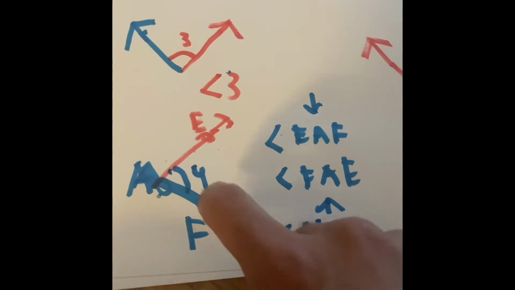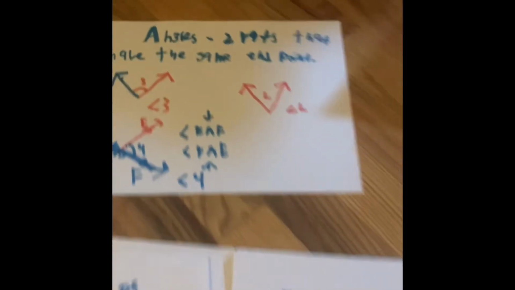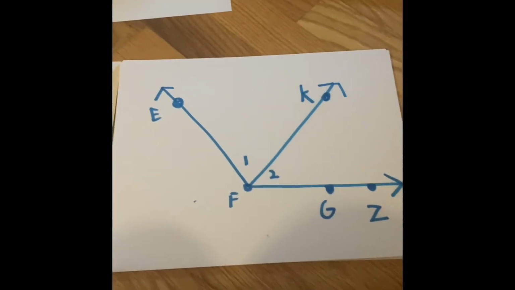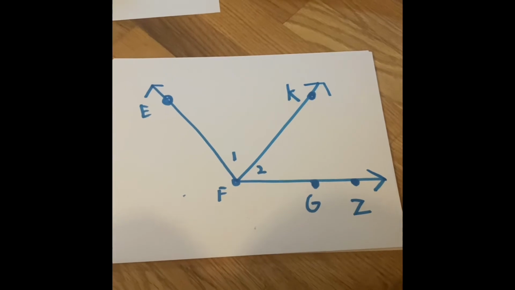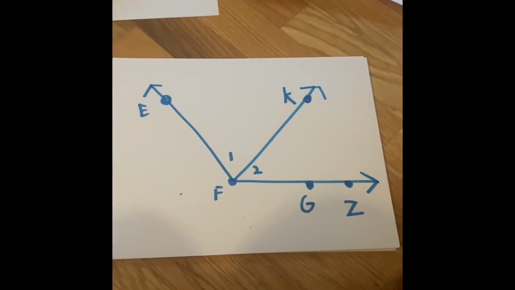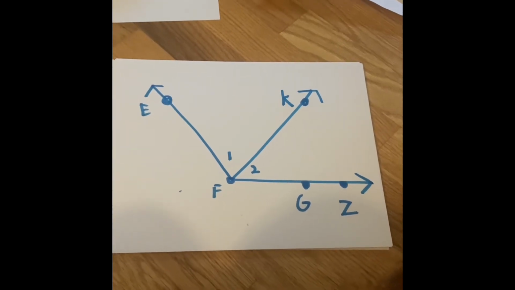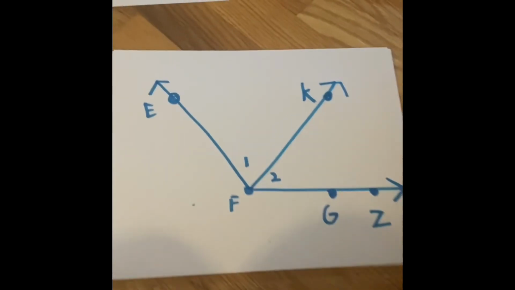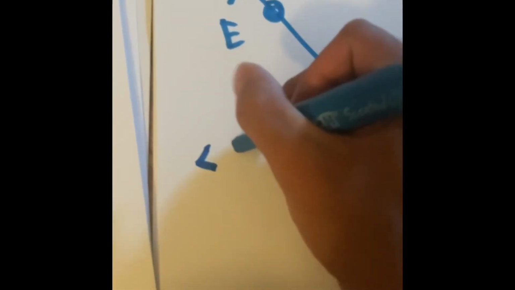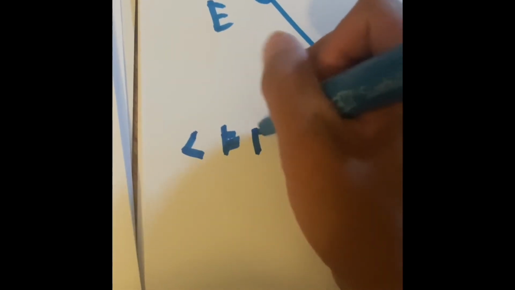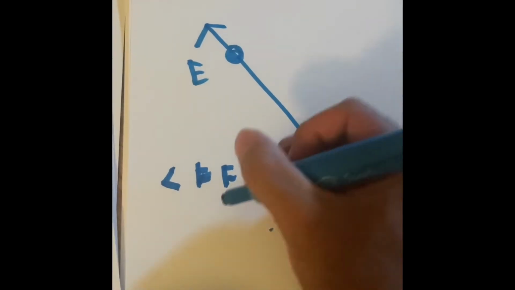So there are many ways to name an angle. Let's see another example. I'm going to go crazy with this. Imagine you have even more information with this one. There are a lot more options you can name this angle, depending on what angle you're trying to take a look at. We're going to say angle EFK. Or I can just simply say angle number 1.